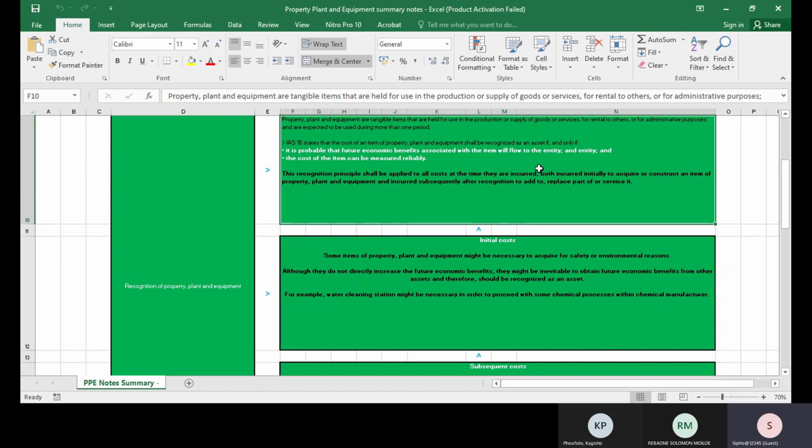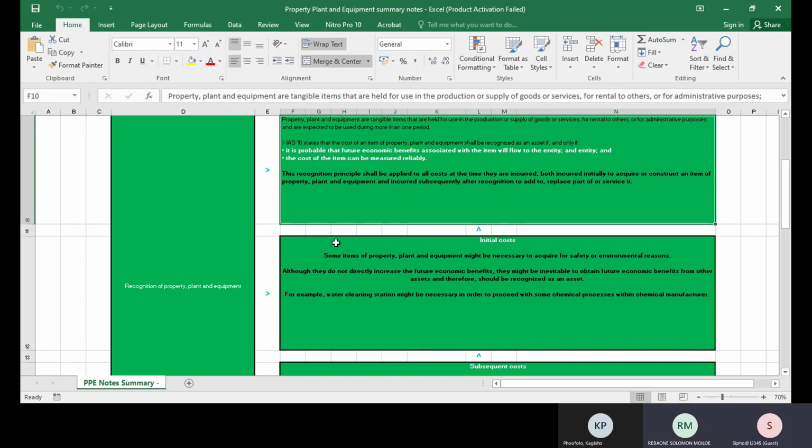If all those things are met, you move on to the next step, which is the probability criterion, meaning that you're going to discuss this probability criterion, then you're going to discuss also the cost, whether it can be measured reliably. Then based on that, you're going to discuss further things. I don't want to dwell further. I think when that lecture comes, I'll explain. But it was just for me to make you understand this.